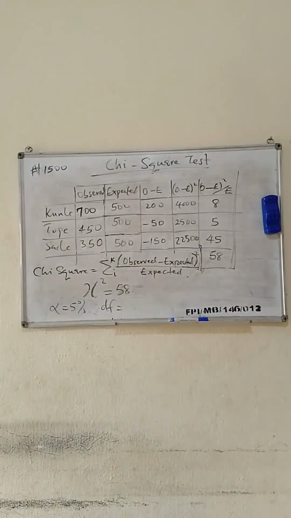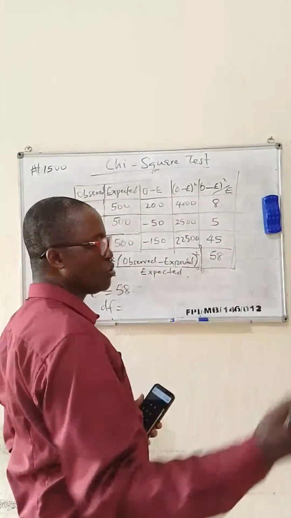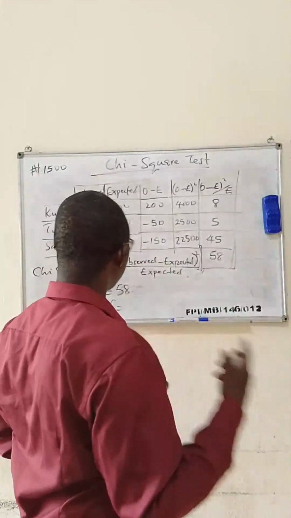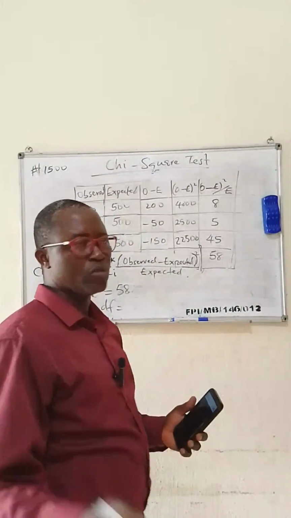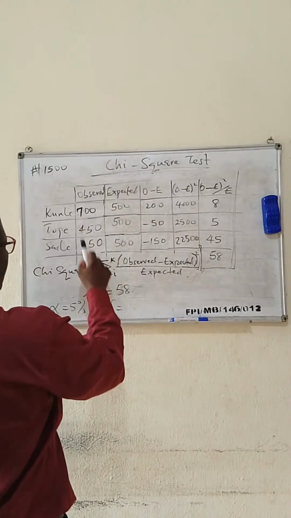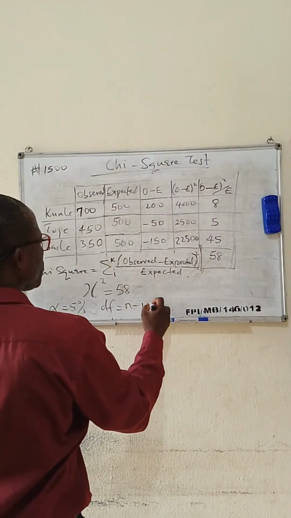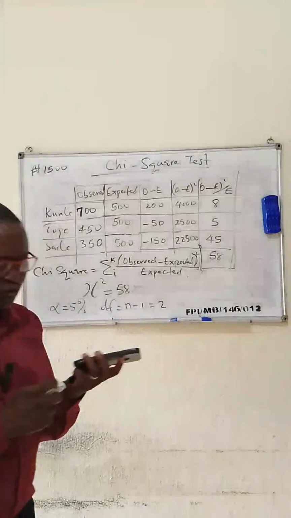DF is number of rows minus 1. Now, if you have data that has both rows and columns, it is number of rows minus 1 multiplied by number of columns minus 1. For this instance, the data given has only 3, so we have 3 minus 1, that is n minus 1, and that is equal to 2. Degree of freedom is equal to 2.